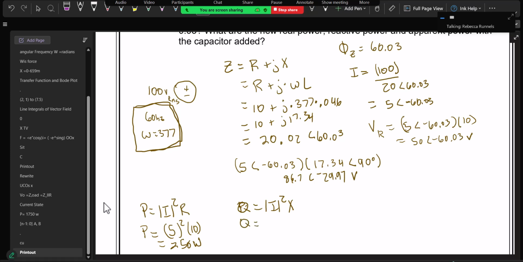And our reactive power is 5 squared times 17.34, which is 433.5 VAR. And so our complex power is 250 plus J433.5 VA.